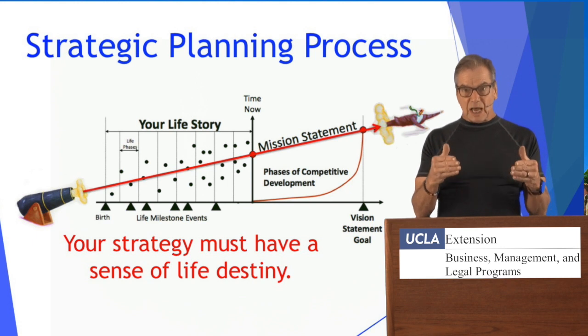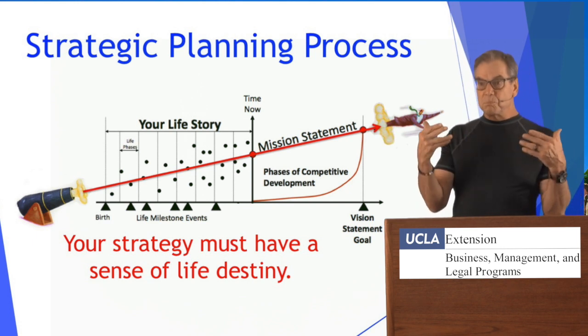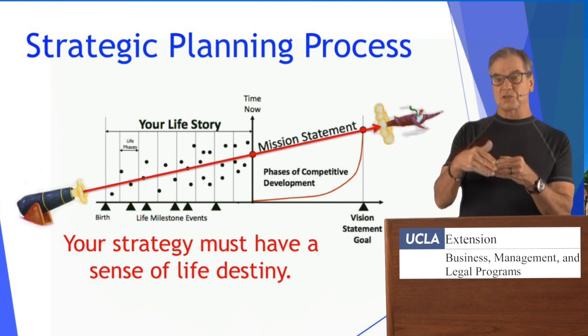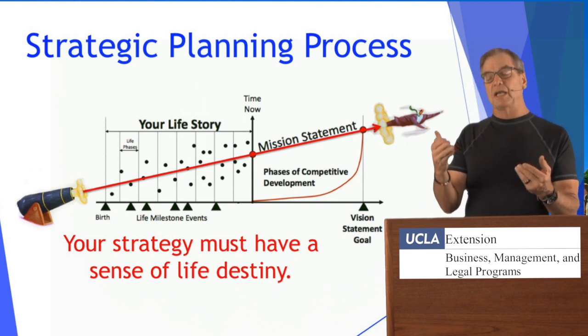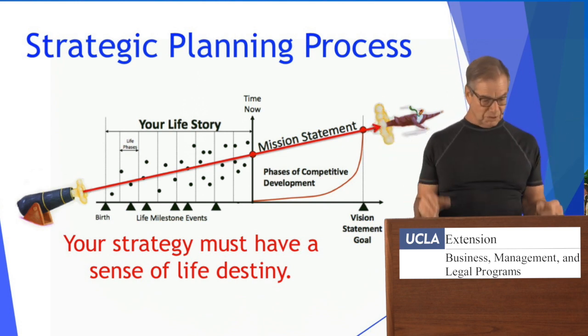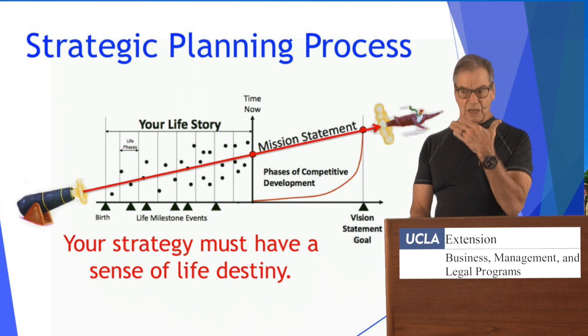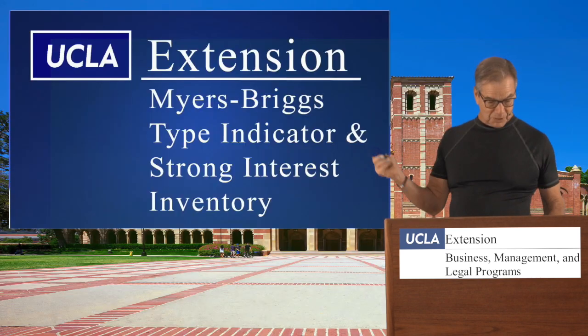And so as much as we can, we want to align the career or business mission statement that we are going to develop, our entrepreneurial path into the future, to have as much alignment as we possibly can with what's innate within us. Just dumb logic. And so that's the emphasis of what we're going to be talking about right now.